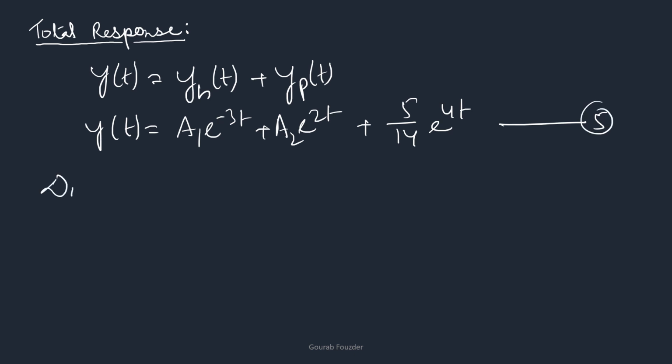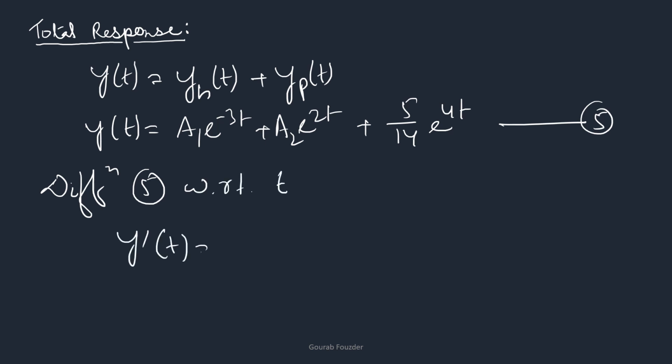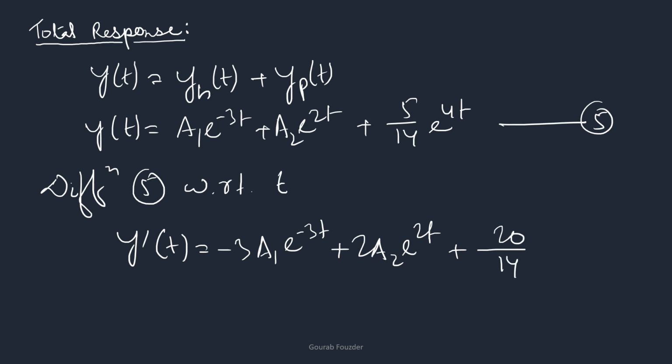Now differentiating equation 5 with respect to t, we have y prime t is equal to minus 3 a1 e to the power minus 3t plus 2 a2 e to the power 2t plus 4 into 5, means 20 by 14 e to the power 4t, and this is our equation number 6.